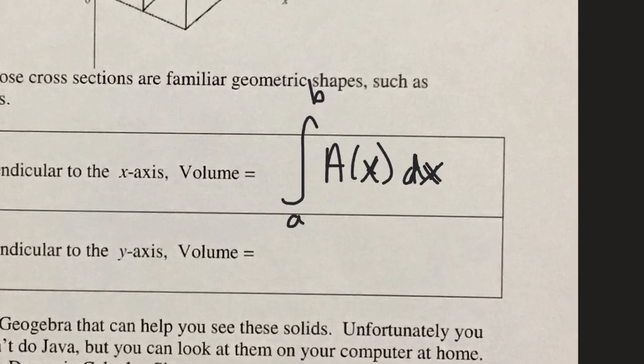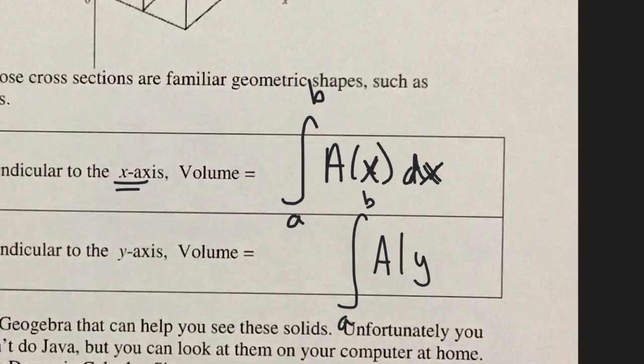Volume is an accumulation of areas. Accumulation is the integral, right? So we're adding up all of these different areas, and we're getting the volume of this. So if it's with respect to the x-axis, then of course x is our variable. And if it's with respect to the y-axis, then y is your variable.